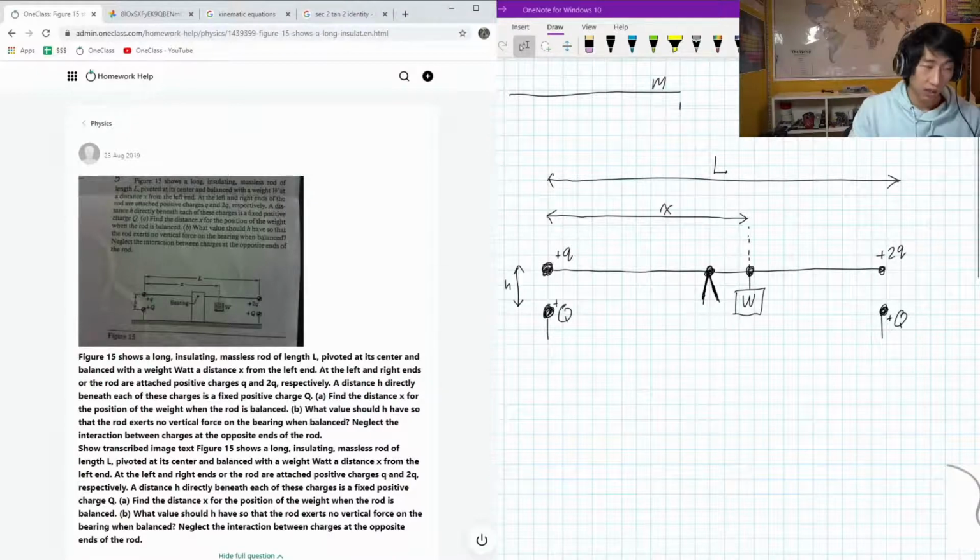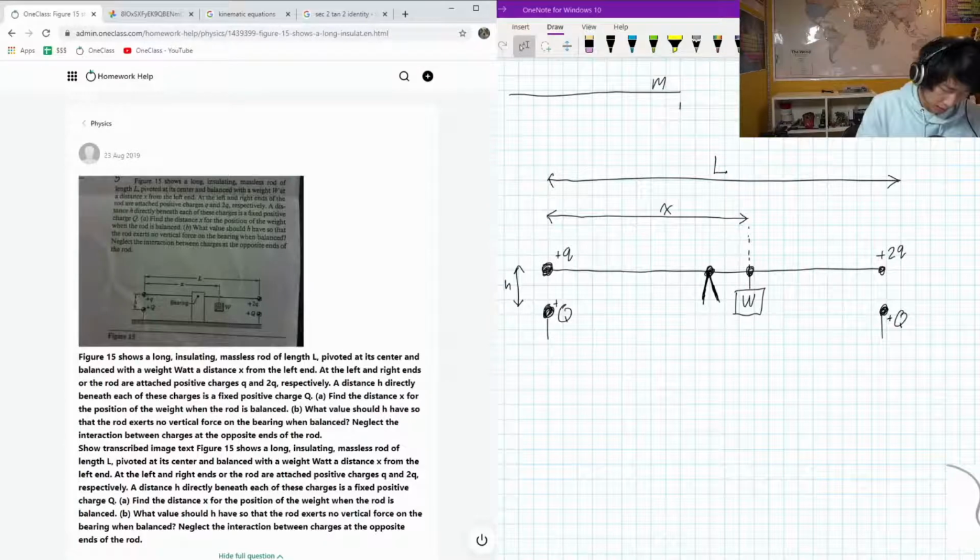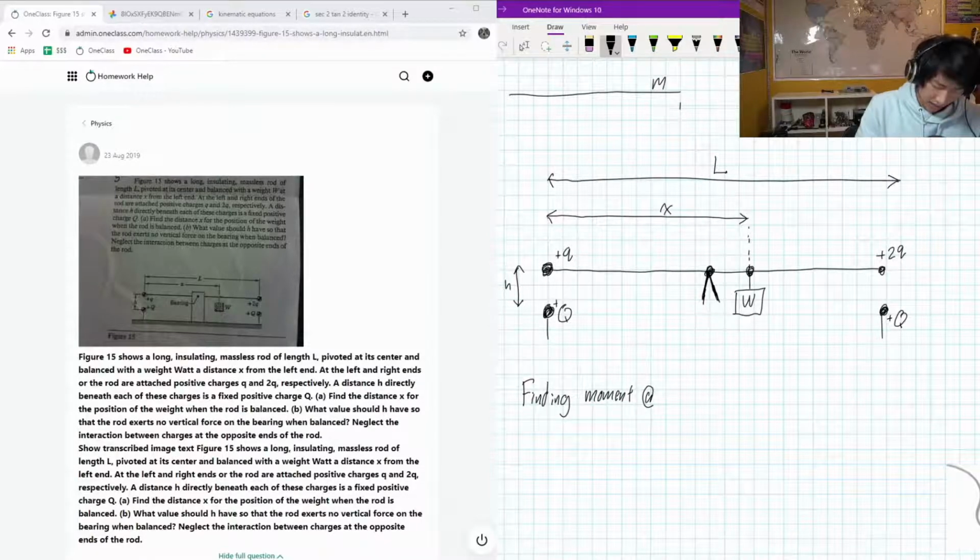So to represent that, let's say we want to find the moment at center.